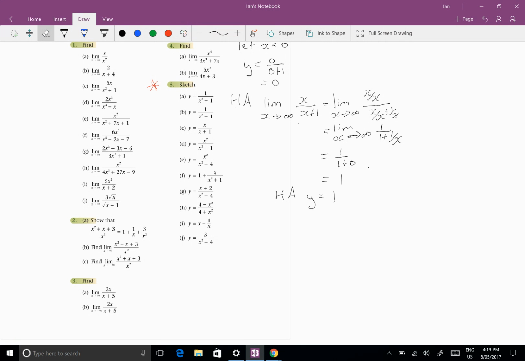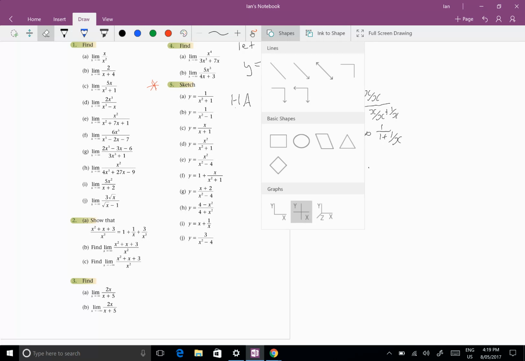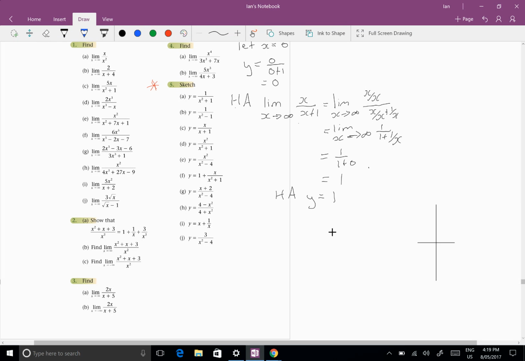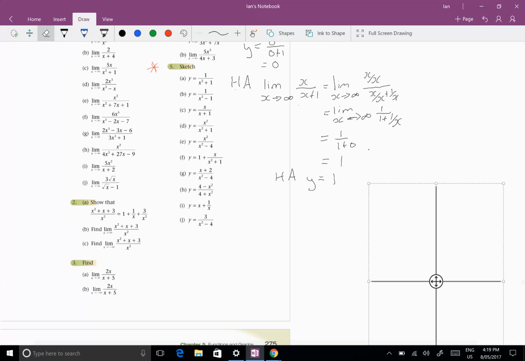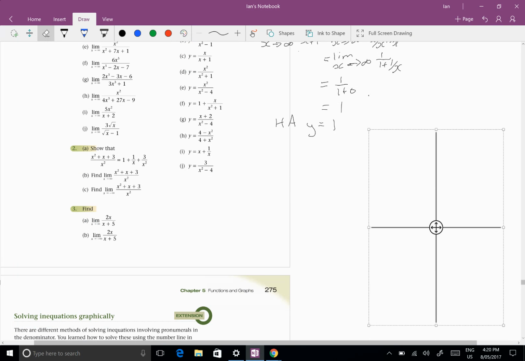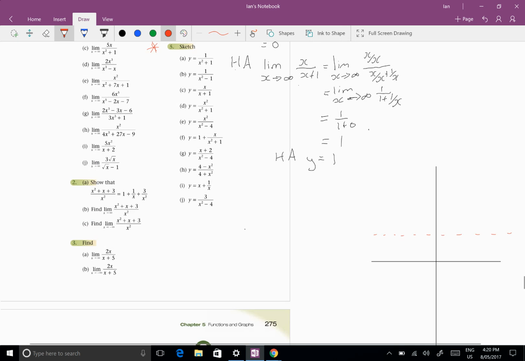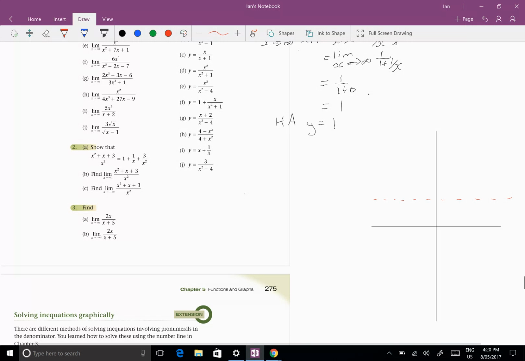I'll just erase that and try and put another one in now. There we go. Now, what does that tell me? It tells me that I've got an asymptote at y equals 1 and another one at x equals -1.